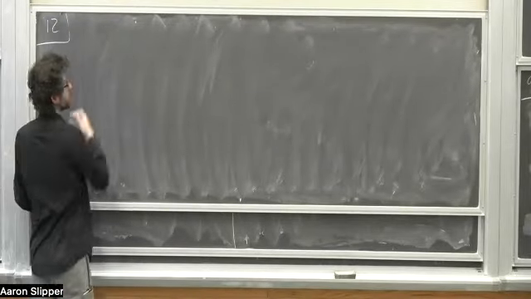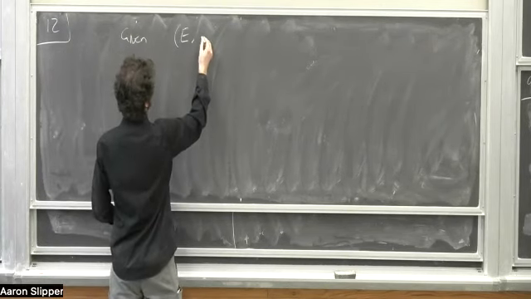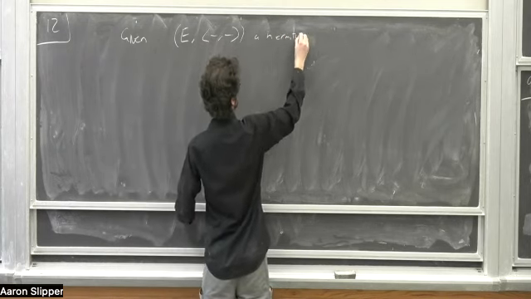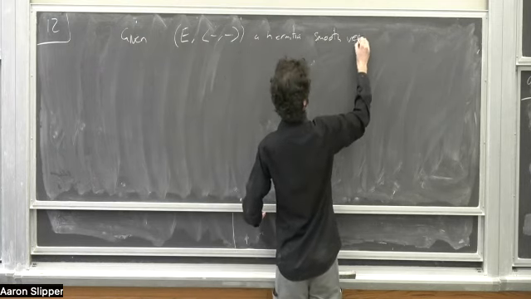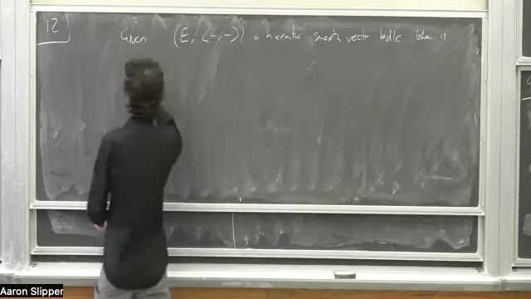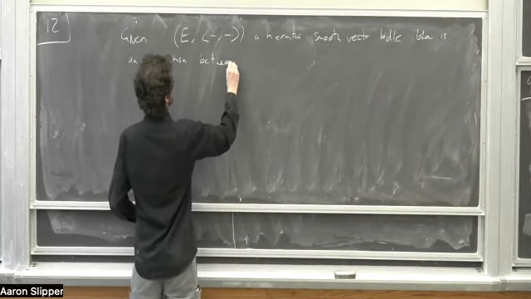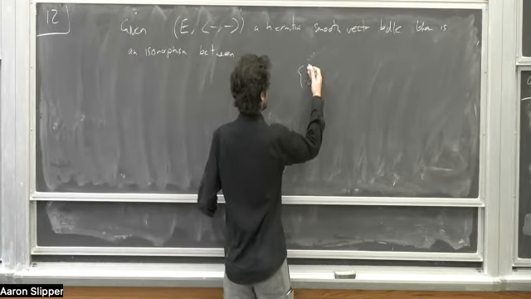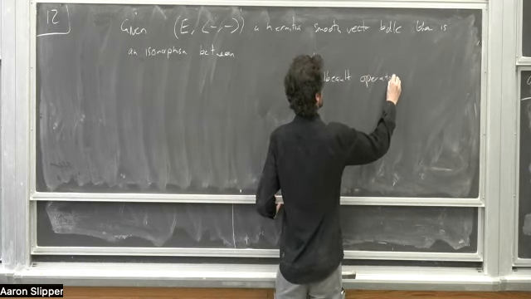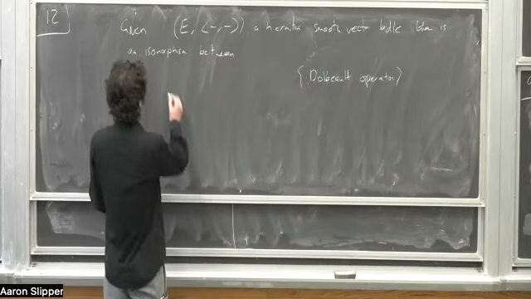Then a result from differential geometry is that given E and a Hermitian form, there is an isomorphism between the Dolbeault operators and unitary connections.